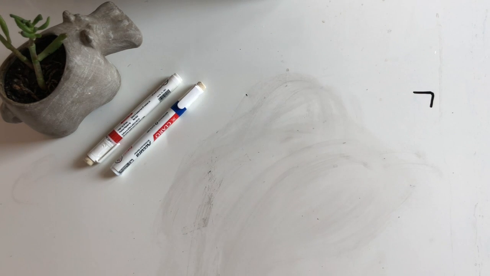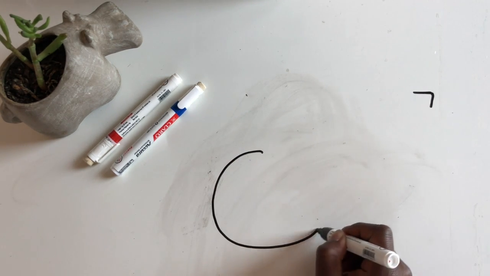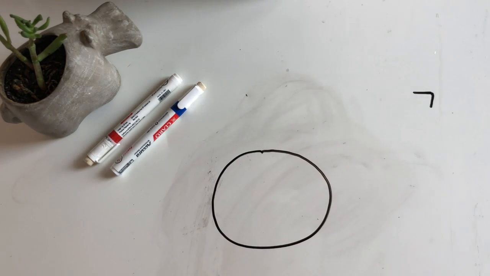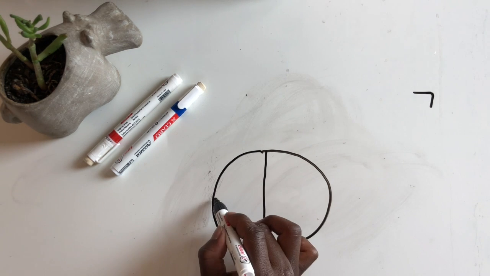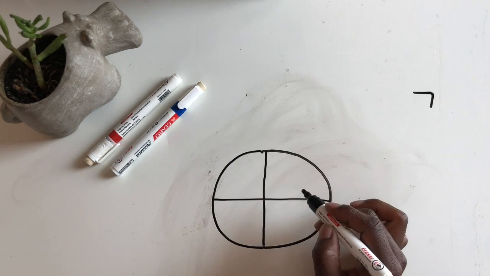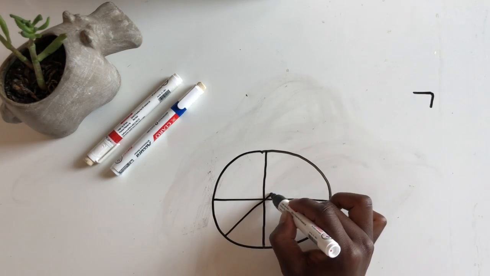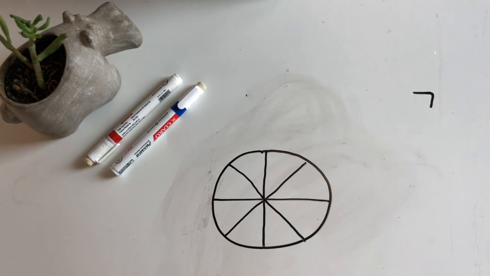Perhaps a circle this time. Excuse the circle, but it will be a freehand one. Okay, so let's just cut that up. Let's make it a bit more interesting. Let's add more pieces in there.